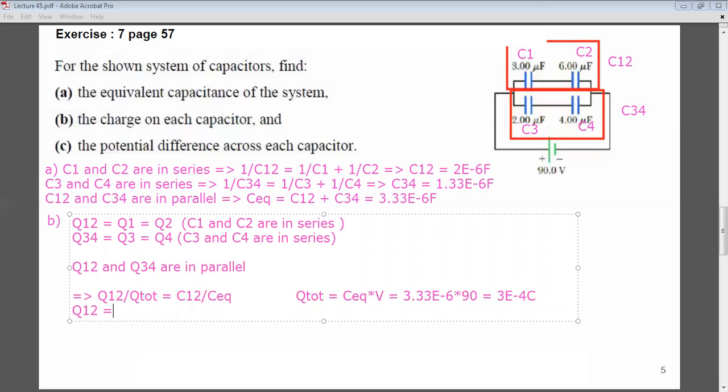So Q12 is equal to C12 times Q total divided by C equivalent.